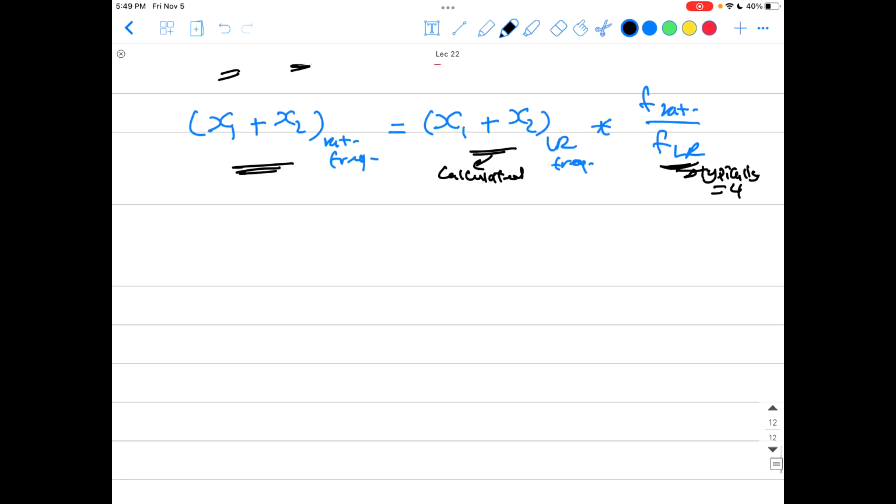Okay, now we find X1 plus X2. But we want to separate them. We want X1 alone and X2 alone. Okay, so separation of X1 and X2 is done actually by experience-based values. We don't have an obvious way to find it mathematically or to measure it, so we just rely on experience here.